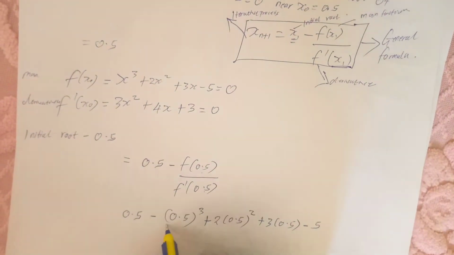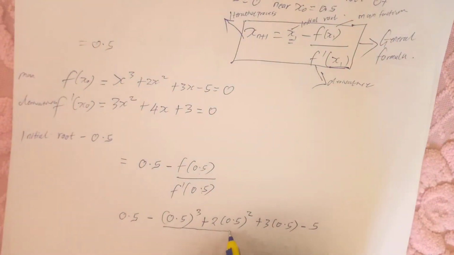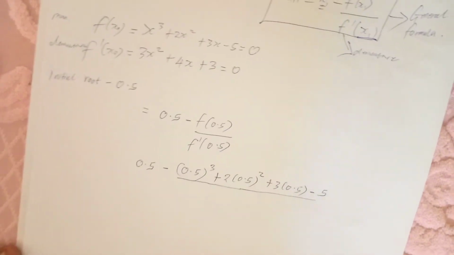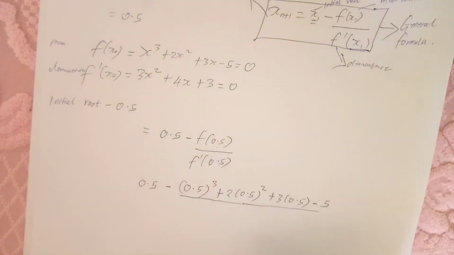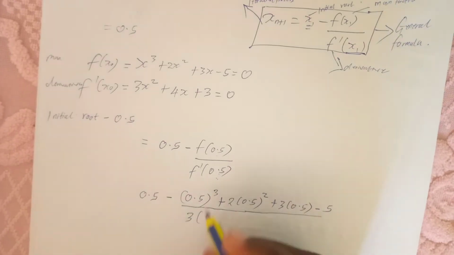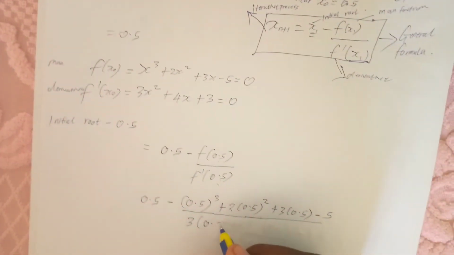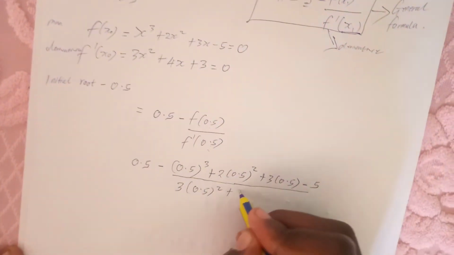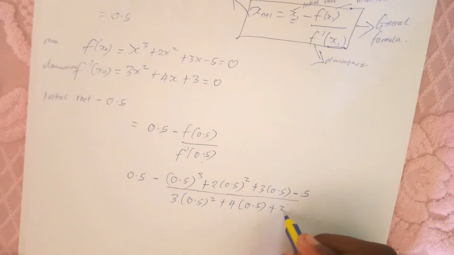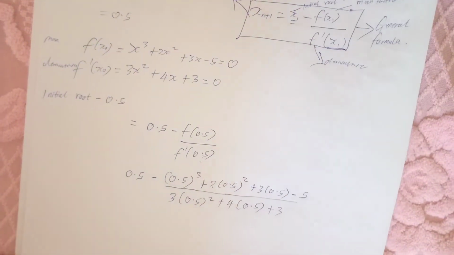The main function is divided by the derivative. Don't forget that one. Bear that in mind always. It's divided by the derivative. We also have to substitute 0.5 in our derivative above. It will be 3 times 0.5 squared plus 4 times 0.5 plus 3. Yeah, we have done the substitutions.